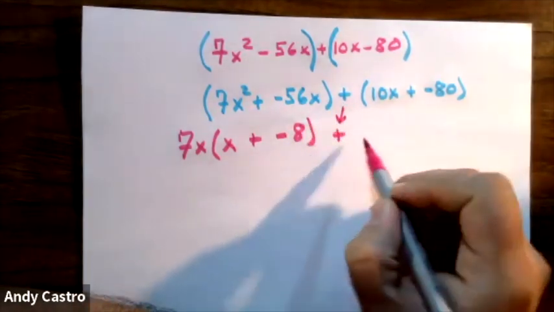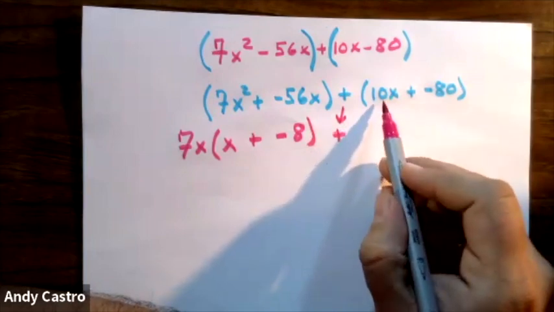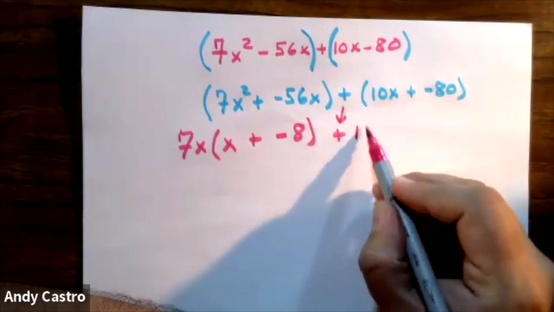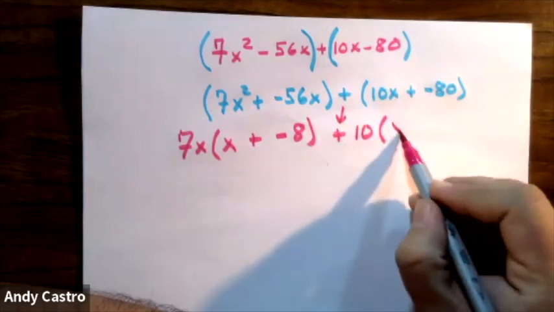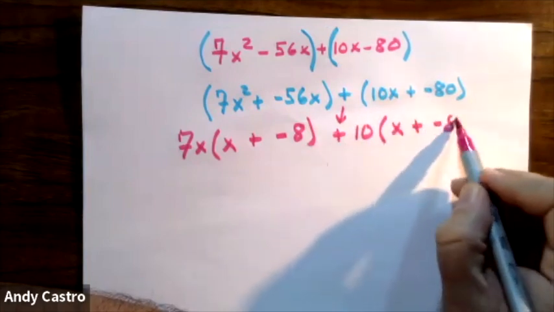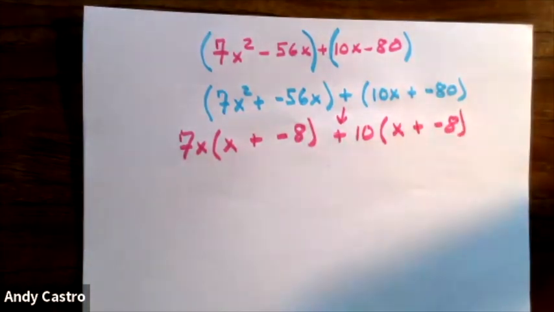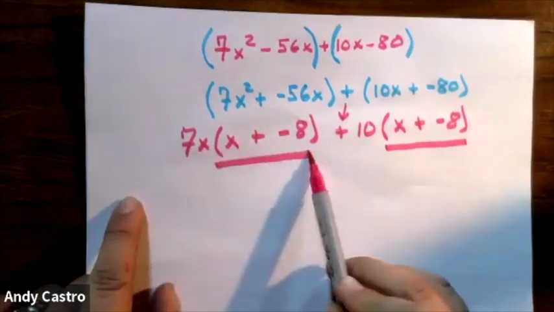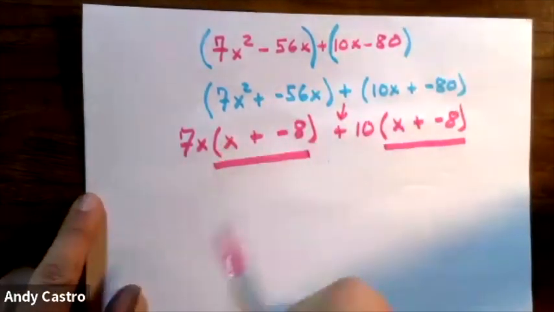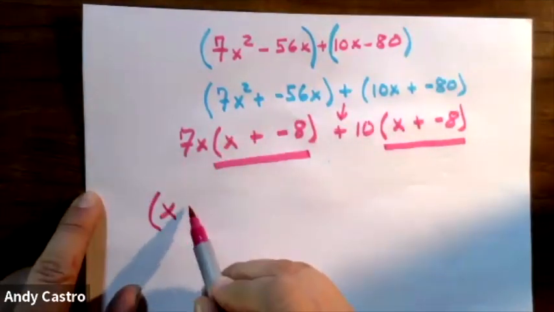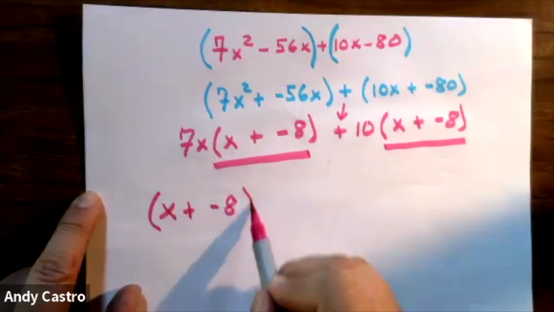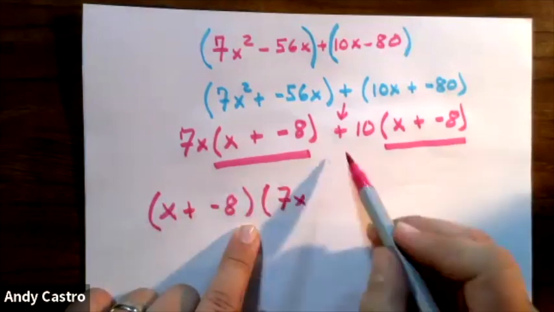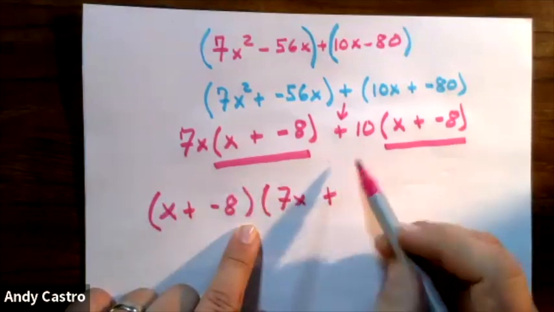Here's this plus sign. And then 10x plus negative 80, I could pull a 10 out. And this gives me x plus negative 8. All right, so x plus negative 8, x plus negative 8. I can pull that out. So that's x plus negative 8, and I'm left with 7x plus 10.